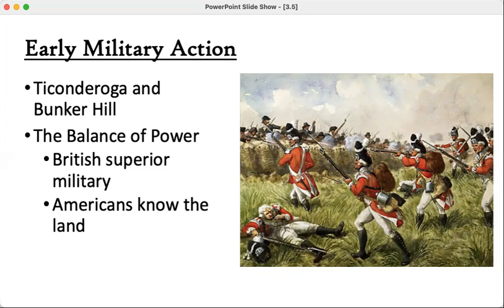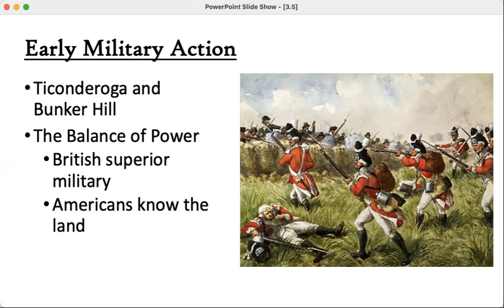You have Ethan Allen and the Green Mountain Boys, as well as the Connecticut militia led by Benedict Arnold, surround and take Fort Ticonderoga. They use cannons from there to reinforce the siege of Boston, where you have, of course, the legendary Battle of Bunker Hill, where the colonists control the high ground.